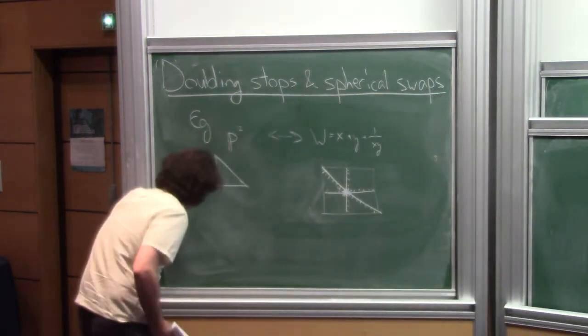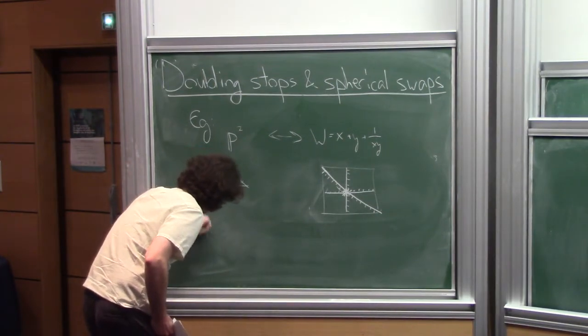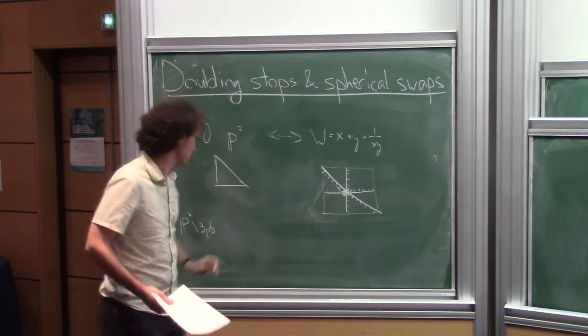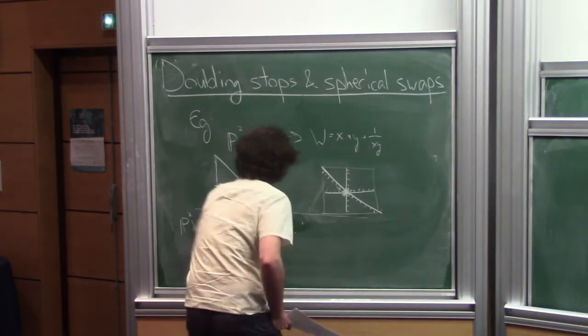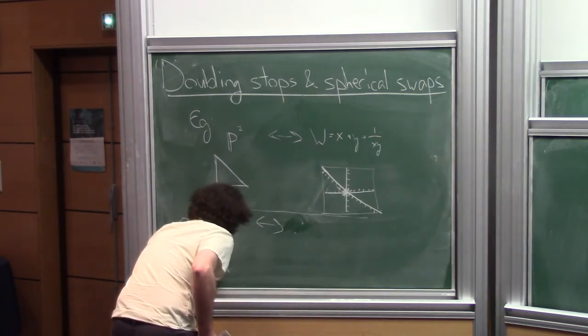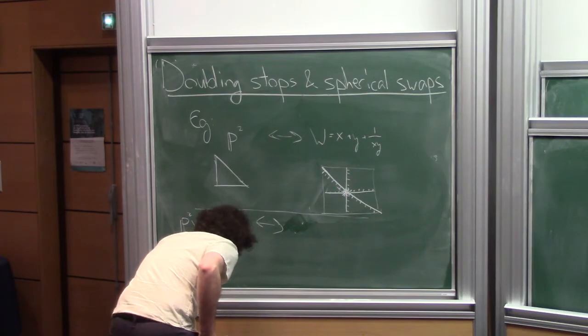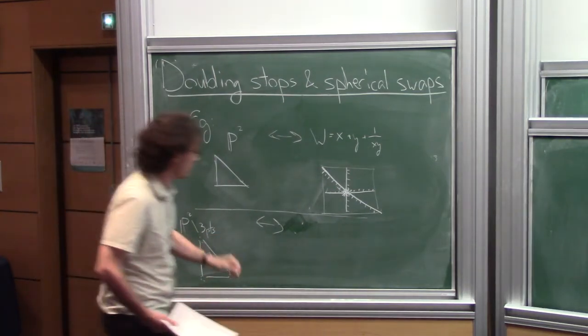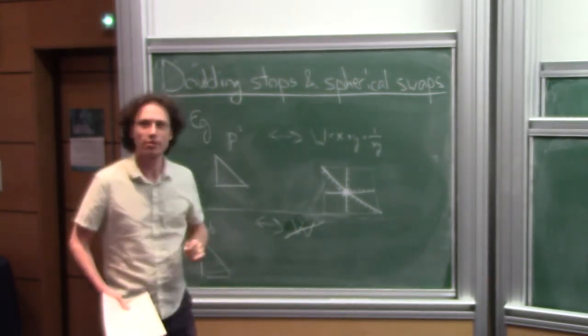And then I can look at P2 minus 3 points, and I lose W. So let's draw this, just draw these points missing. And W is gone, but we still have this picture.